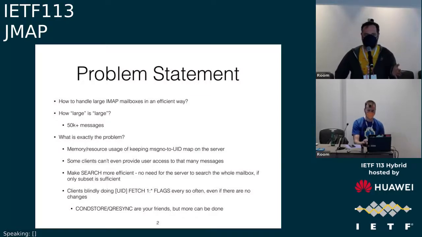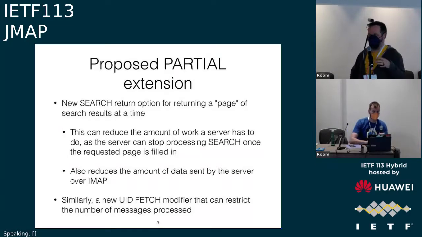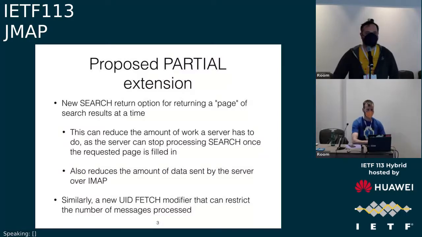For smaller mailboxes it doesn't matter that much, but this is concerned with large mailboxes, say 50K and more. So there is a search return option for returning a page, a range of messages in the response. It's a search modifier and a UID fetch modifier.